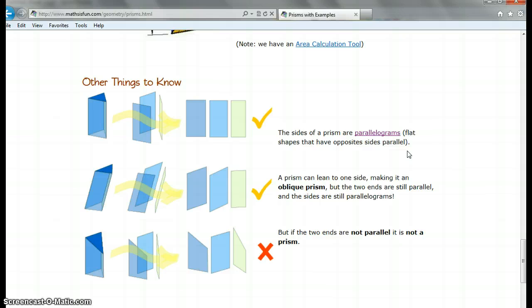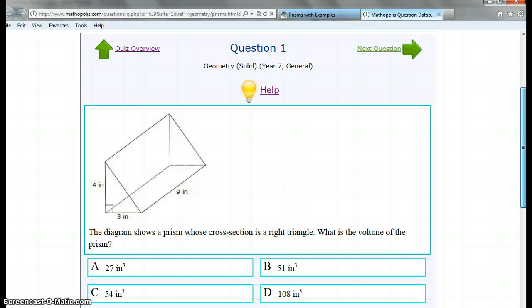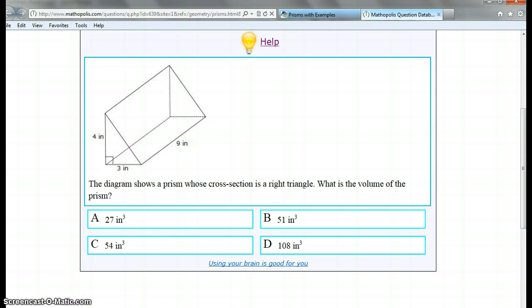They'd all be rectangles, wouldn't they? To be fair. Okay, so here we have a prism. It's a triangular prism because the end is a triangle, and that is 3 rectangles if you unfolded that and saw the net.